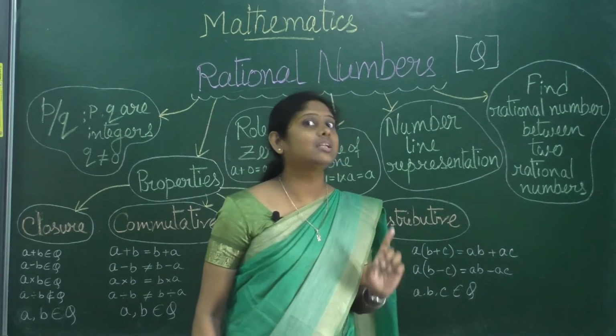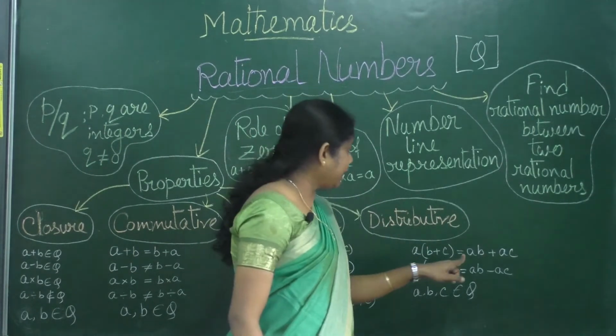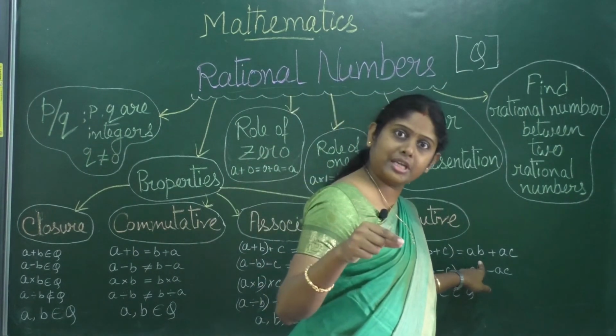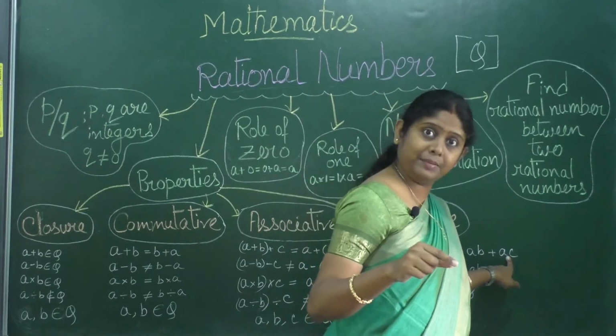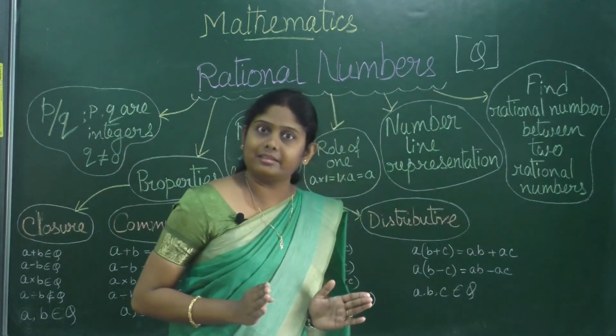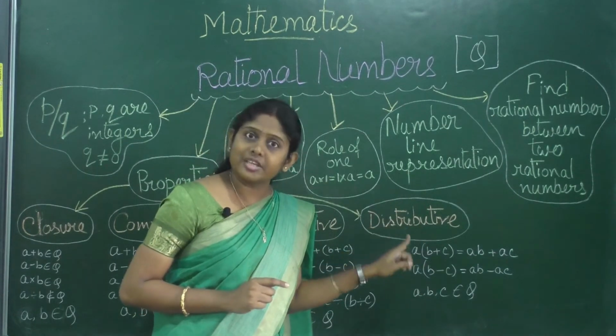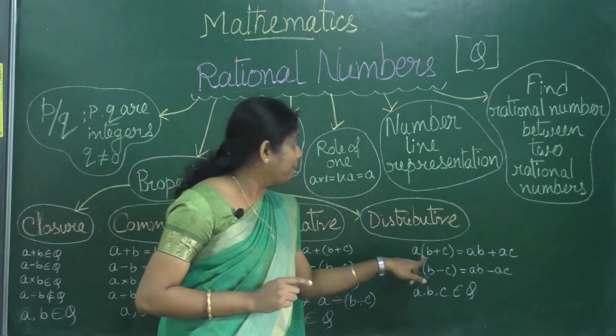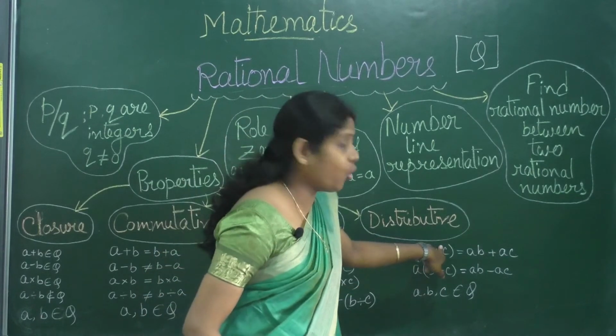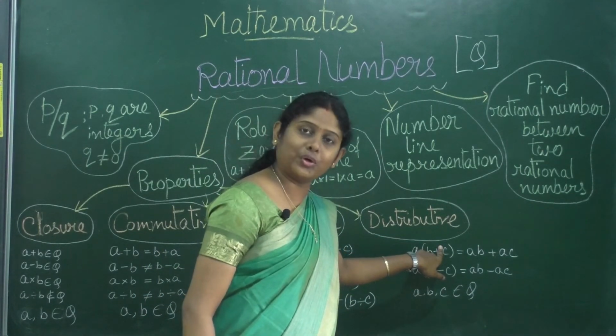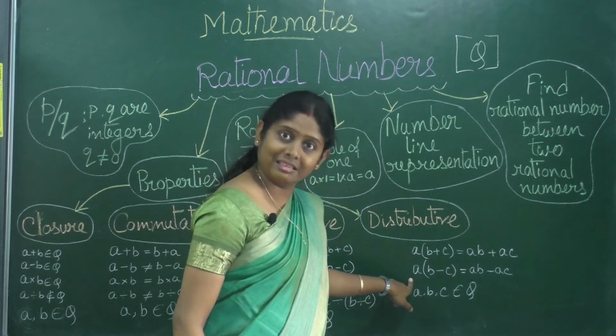The answer will remain the same if we first multiply a and b, and a and c, then add the results. So this is the statement for multiplication over addition. Okay. Now come to the next.